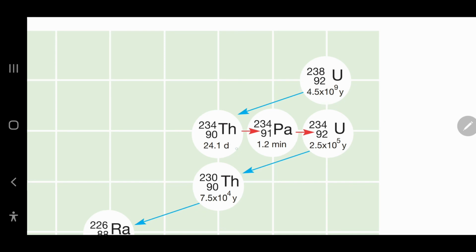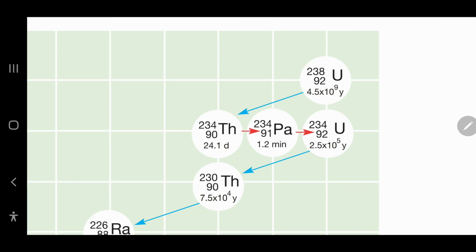So a neutron here will be converted to a proton and release the negative charge, which is an electron. So the atomic number will increase and the atomic mass will stay the same. So remember our previous lesson.